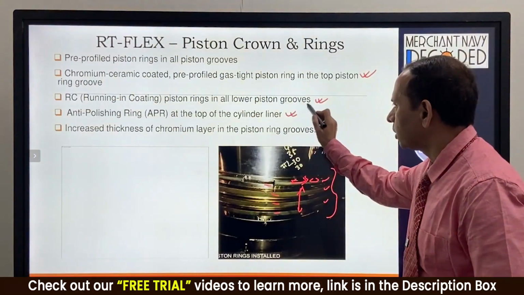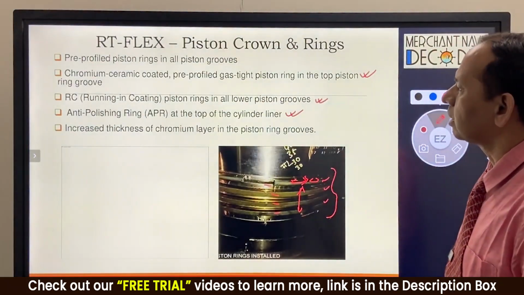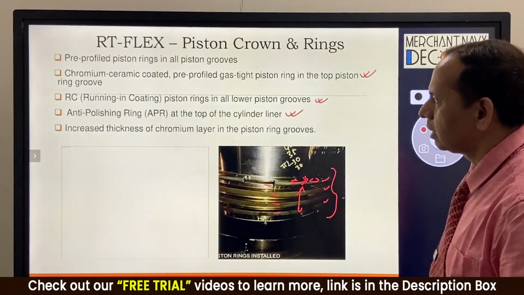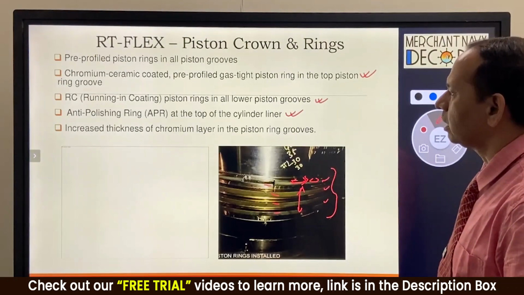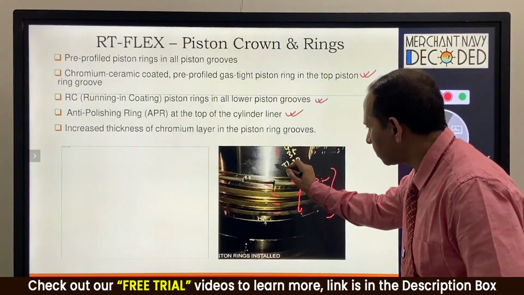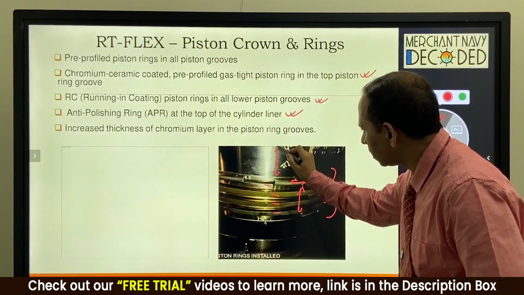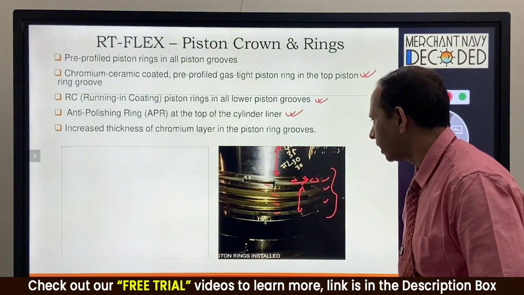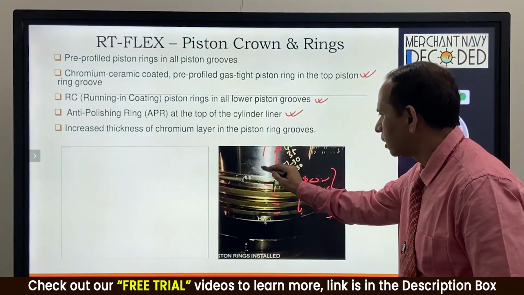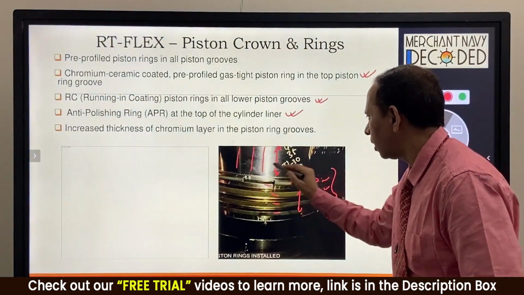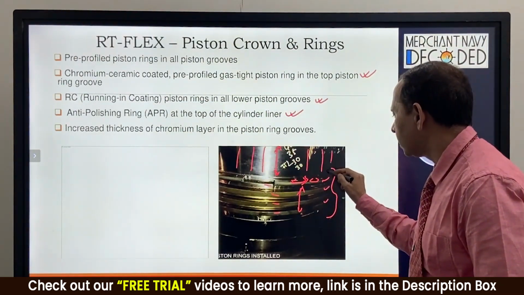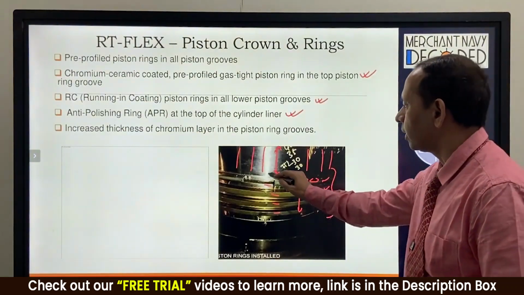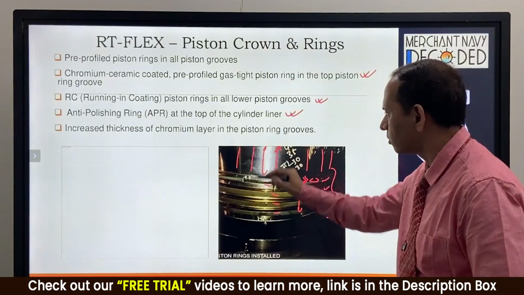The introduction of the anti-polishing ring is a new thing again in the MNDFLIX engine, which is added on top of the cylinder liner, and the role of the anti-polishing ring is to clean this portion. This is the top part of the piston crown, which we call the top land. In this area there is a lot of chance of carbon buildup, and this is going to scratch the liner, and it is going to affect the cylinder liner lubrication as well.